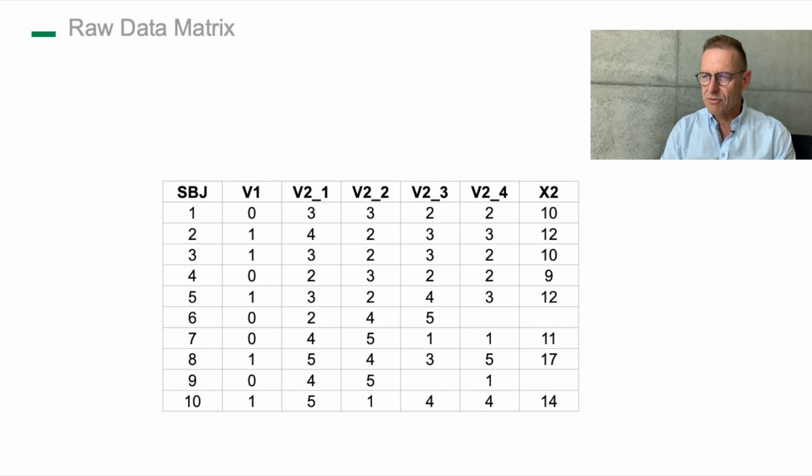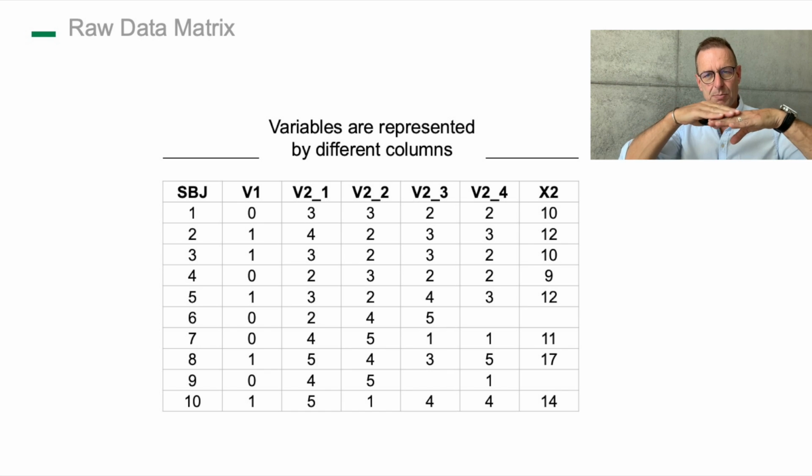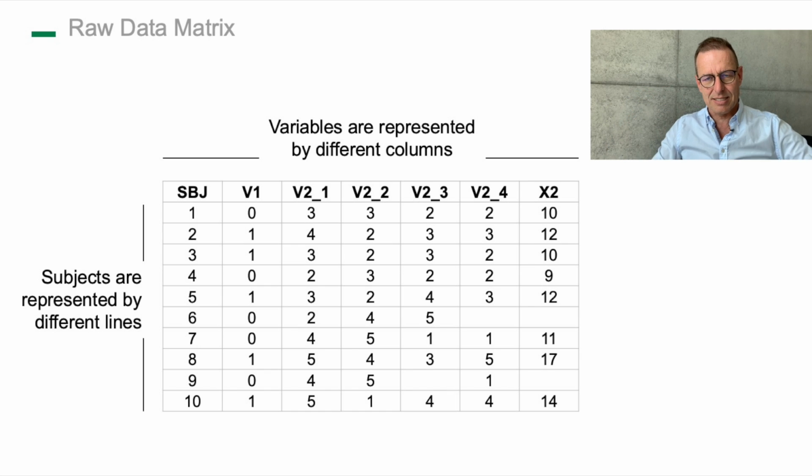A raw data matrix has, as all matrices, columns and lines. What you always find is that your different variables are in the columns. Every column is one variable. And the different subjects are represented by the different lines.